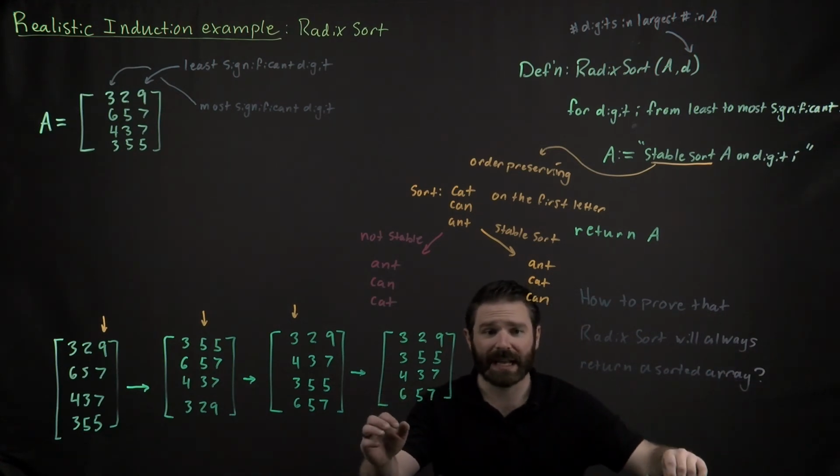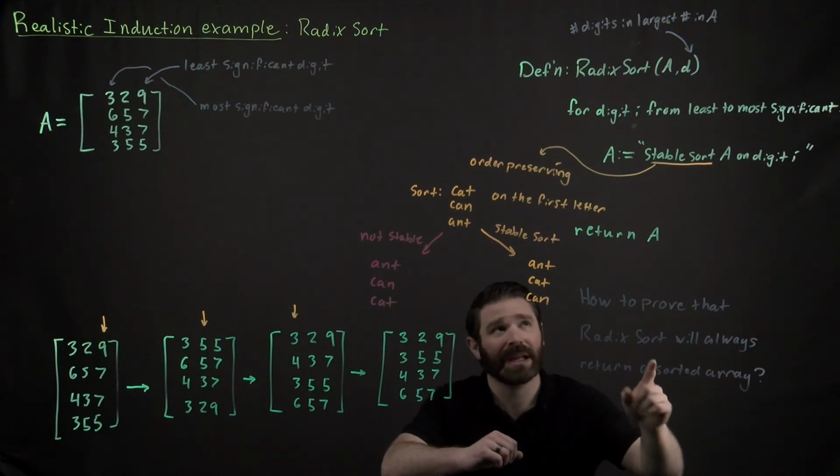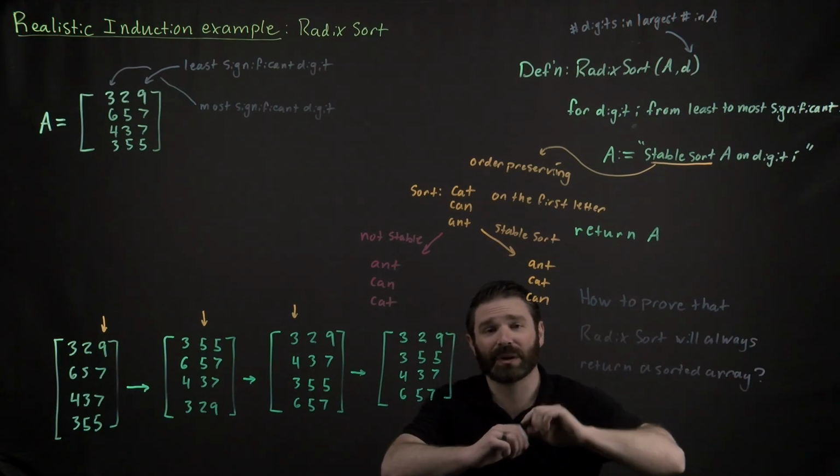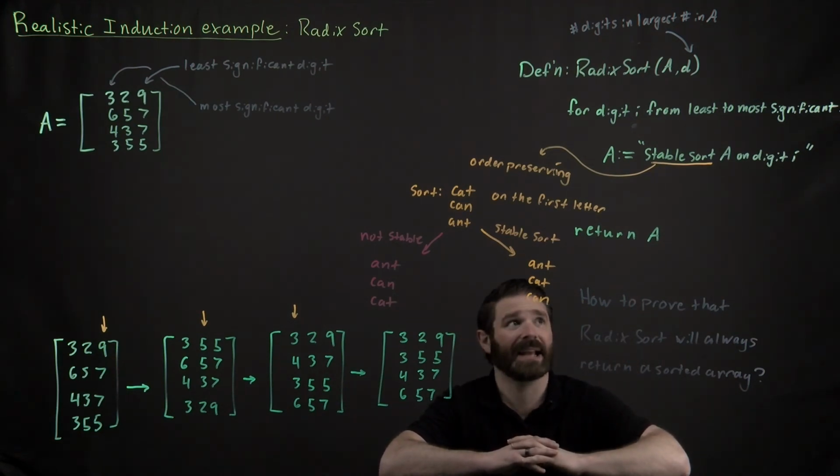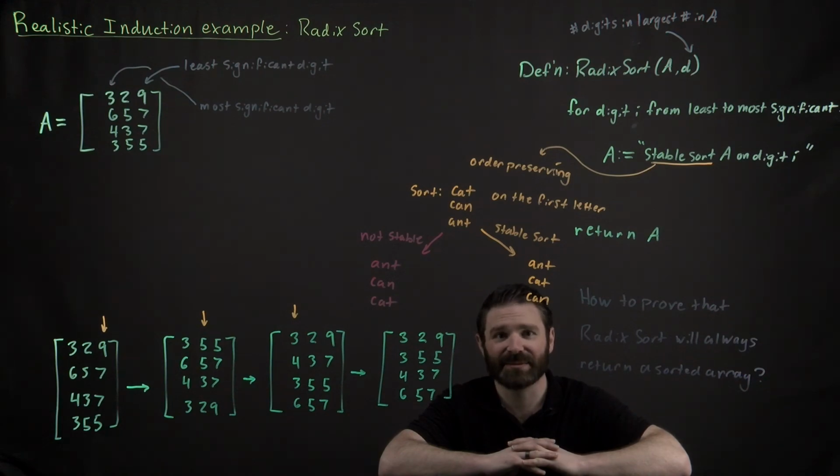So that's what we'll consider next, is how do you actually prove that this algorithm really does what it says it does and returns for you a sorted array. And no surprise, we're going to be using induction to be able to show that.